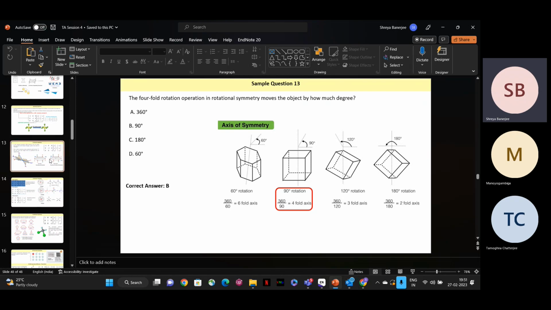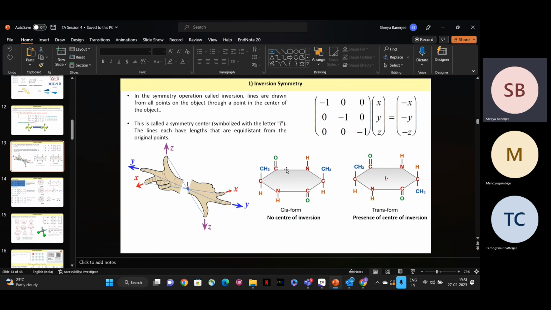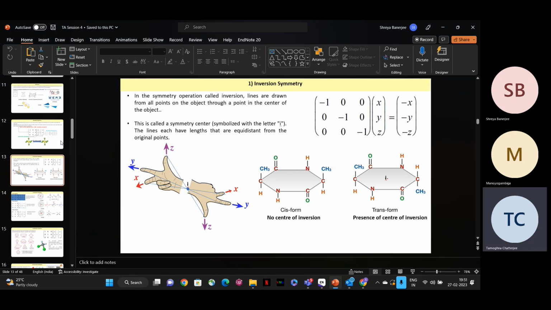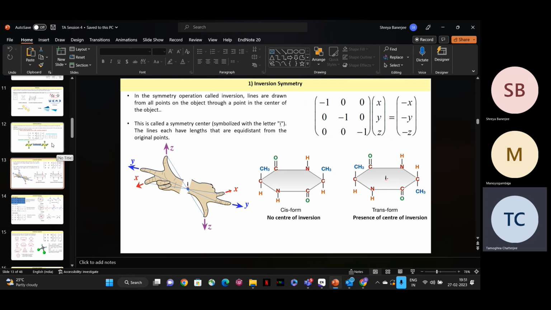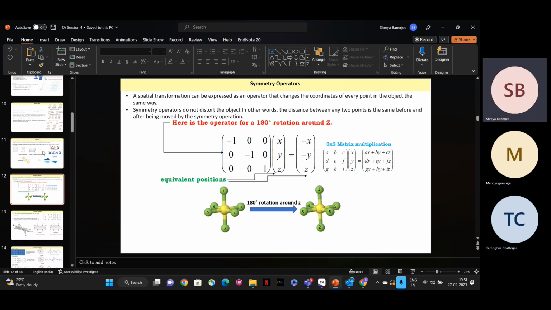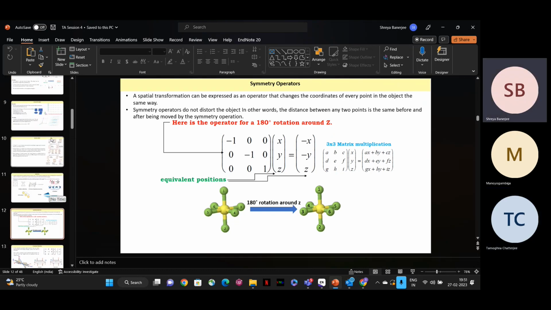So will I talk about each of the elements of symmetry? No, ma'am. From inversion, I was able to listen properly. Before inversion, yeah, symmetry operators. Till this, I was not able to connect, ma'am. Okay, so before this, for symmetry, I had only 2 slides.